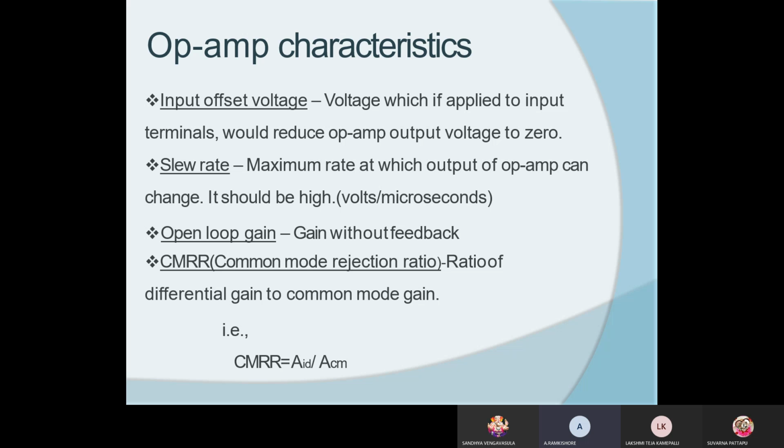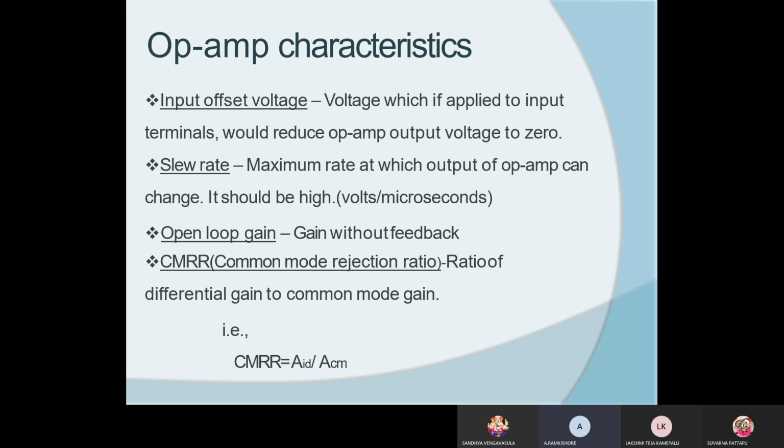The input offset voltage is the voltage applied to the input terminals to reduce the op amp output voltage to 0. That means if there is any small voltage internally within the op amp, applying an input offset voltage will reduce the op amp output voltage to 0.